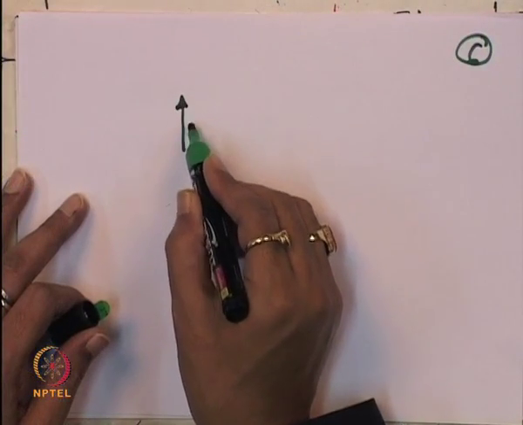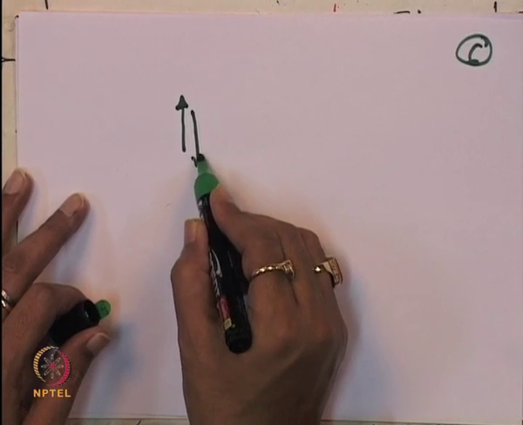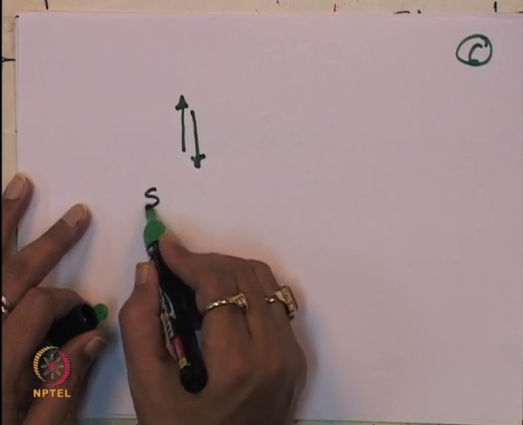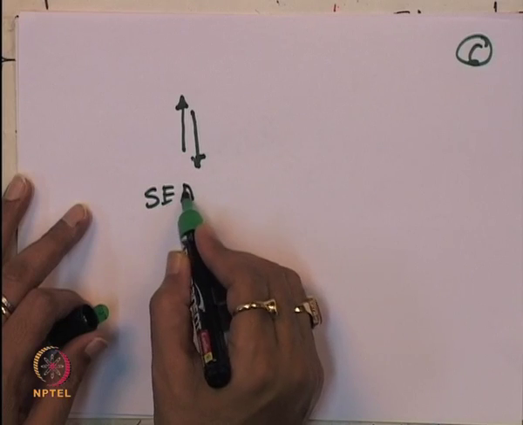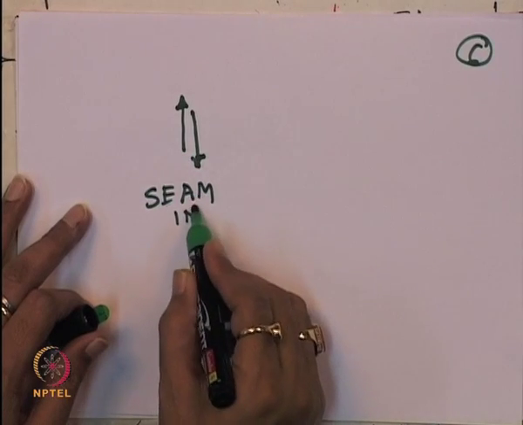So I am showing here what the behavior of the HDPE sheet and the seam will be. You can perform the test on this material like this, which you call the seam. It is a kind of joining, seam in shear.